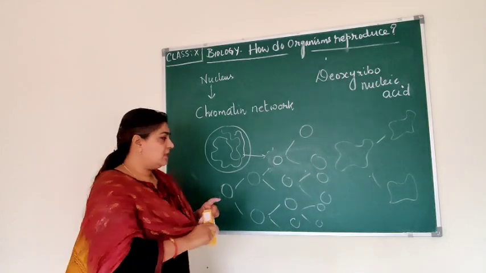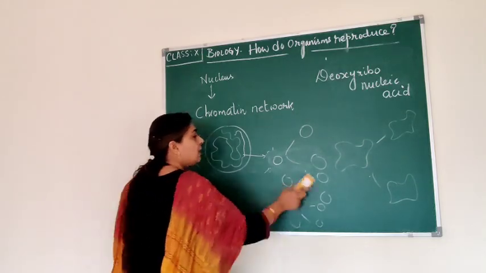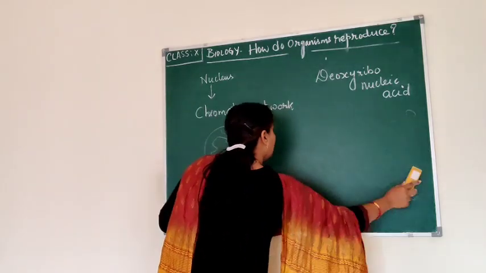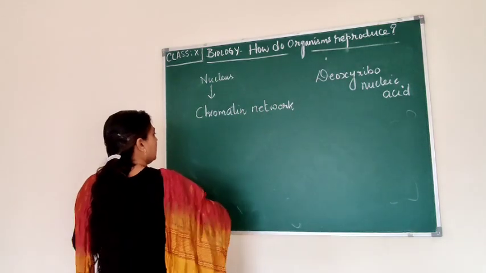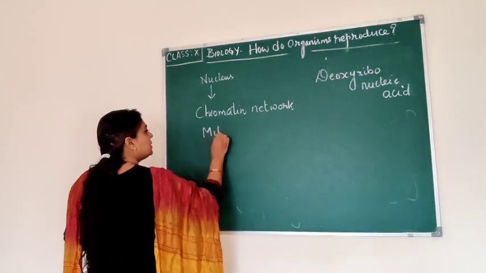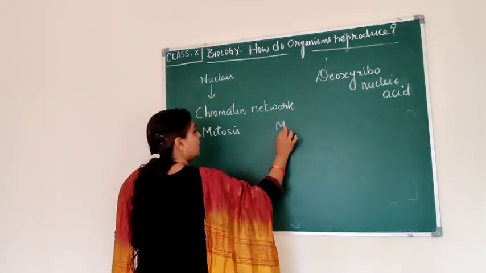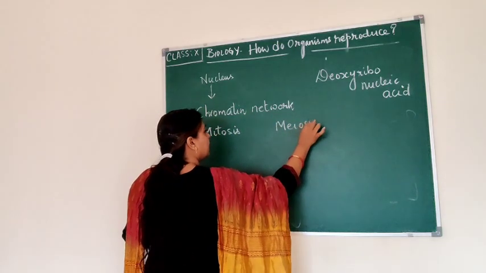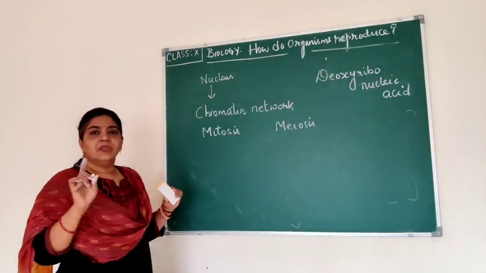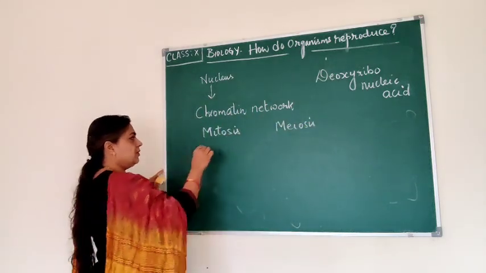So there are two types of cell division. Okay, one is called mitosis cell division, and the other is meiosis cell division.